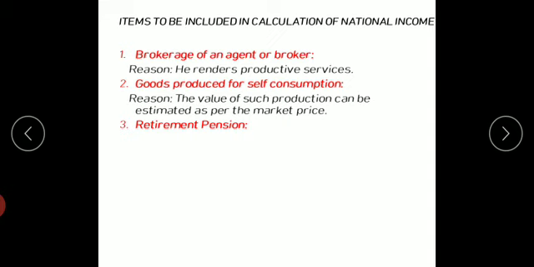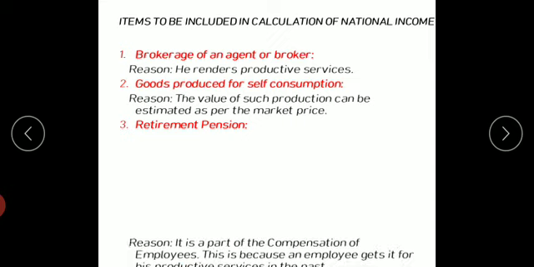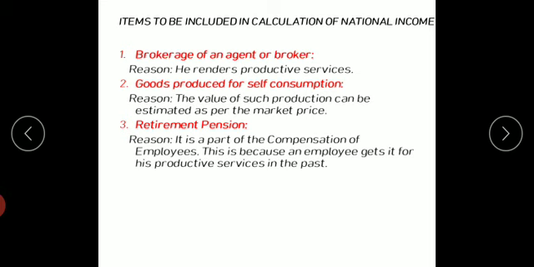So old age pension is not a productive income, because the person who is receiving that money is not giving any return to the government as productive service, so that will not be included. So be sure retirement pension will be included, but old age pension is not included.